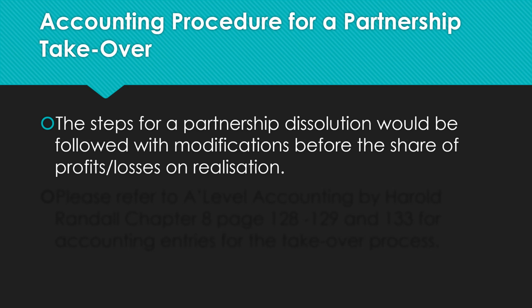The difference between the $23,000 and the $25,000 is $2,000. That $2,000 will be deemed a discount received, and that $2,000 would then be credited to the realization account.